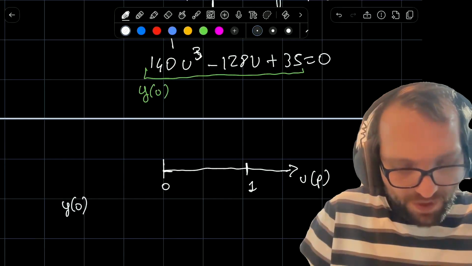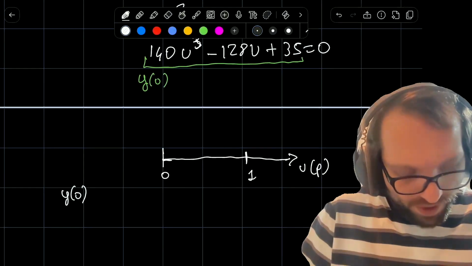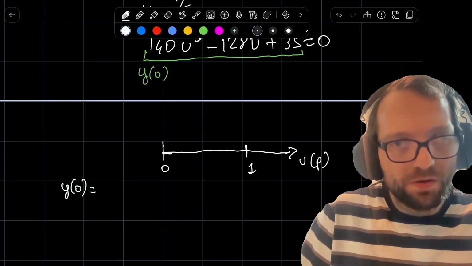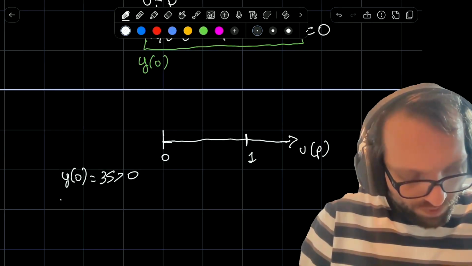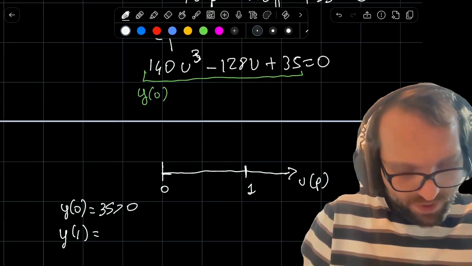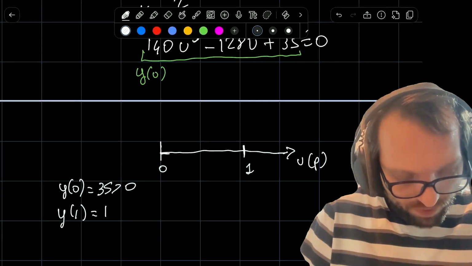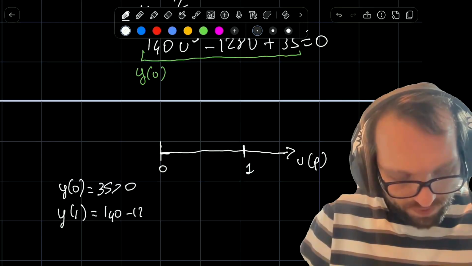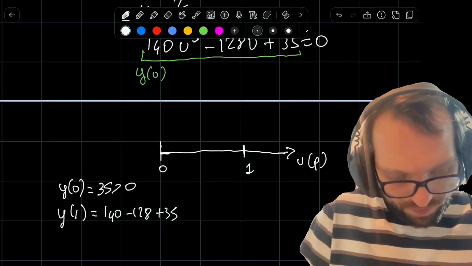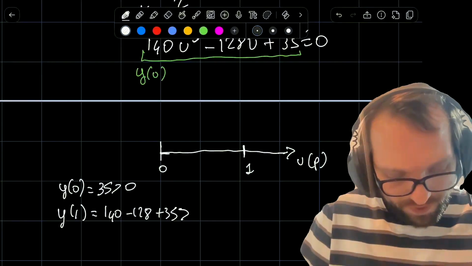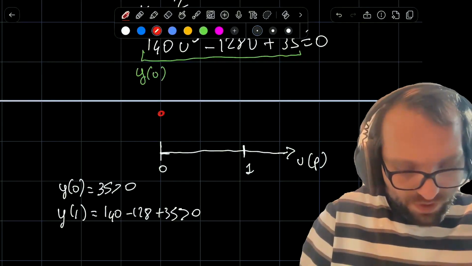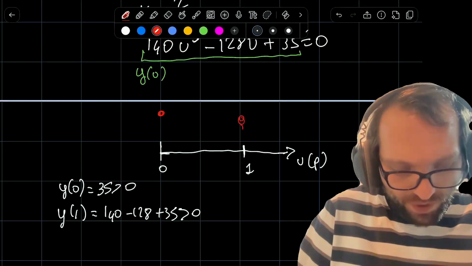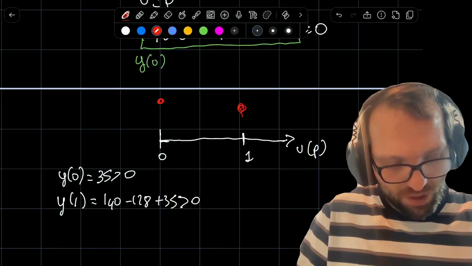When we plug in 0, we have that y of 0 is 35, which is greater than 0. When you plug in 1, we have 130 minus 128 plus 45, and this quantity is definitely greater than 0. So we start from here, and we go back, and we are around here.